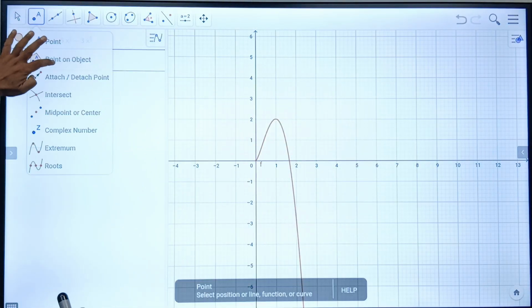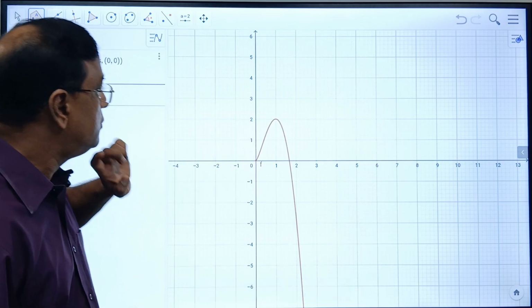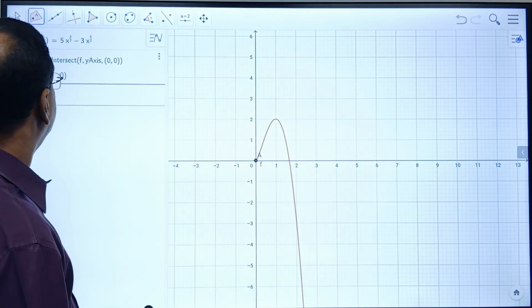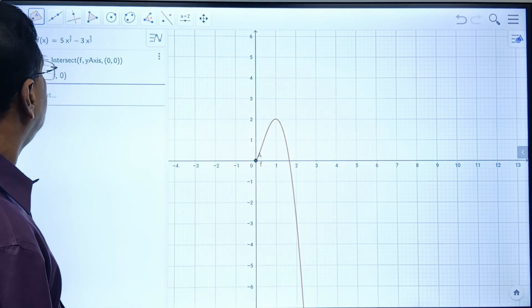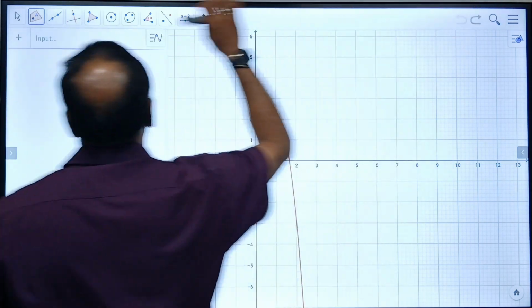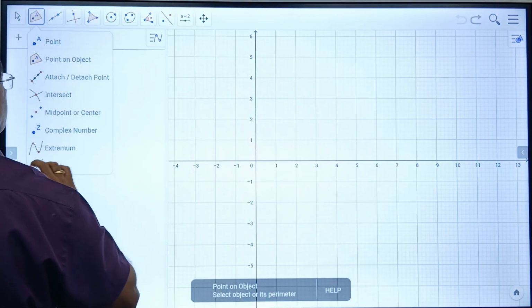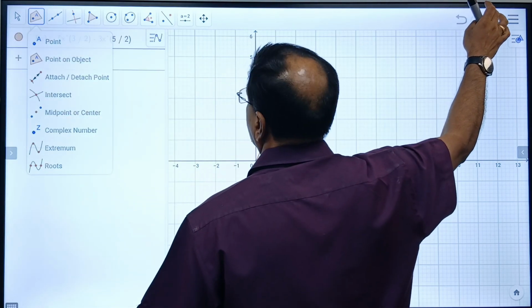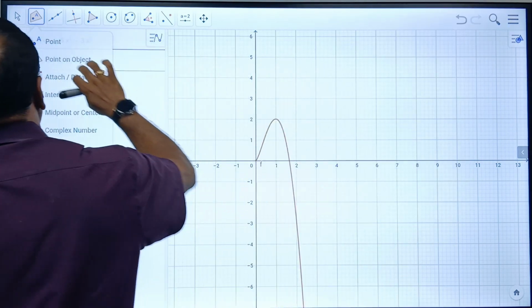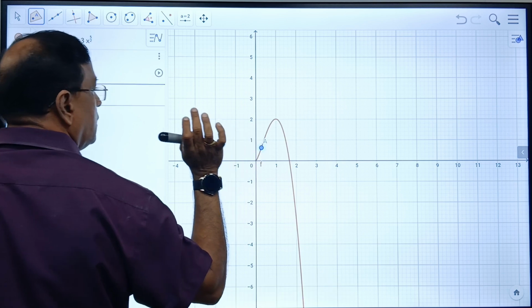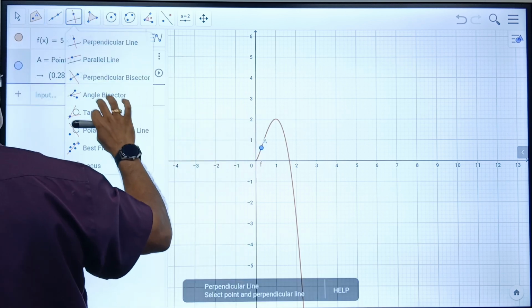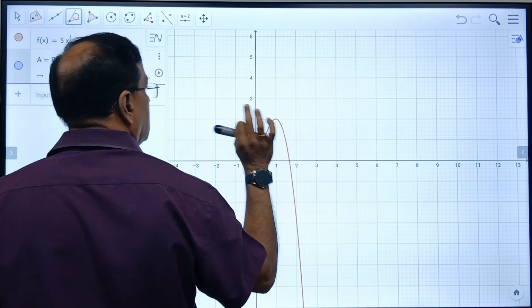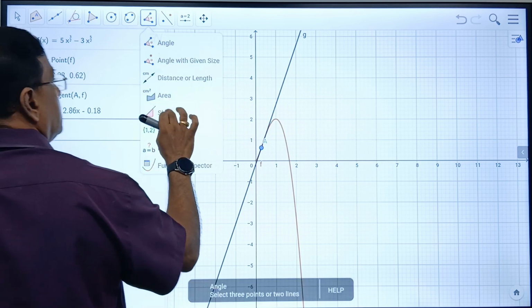Okay, let's complete this part. Choose a point. I think there's a problem there. I'm sorry. Choose a point. One second. I'll draw the tangent. I'll find the slope.